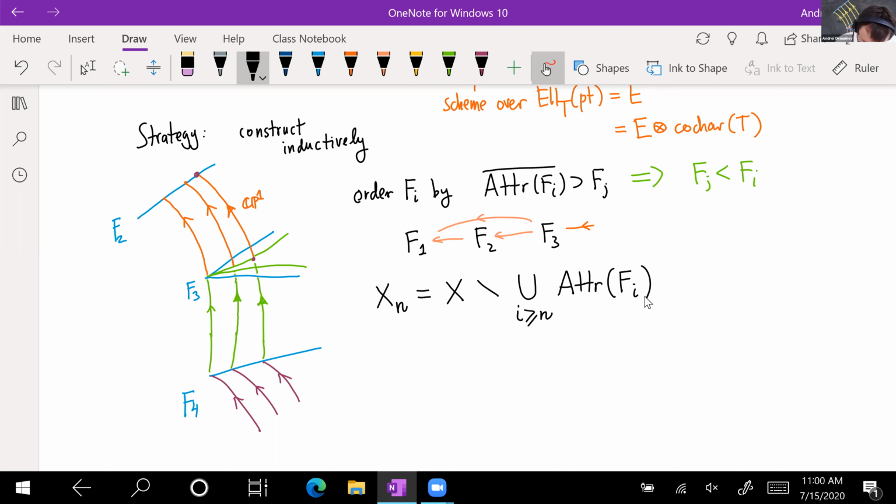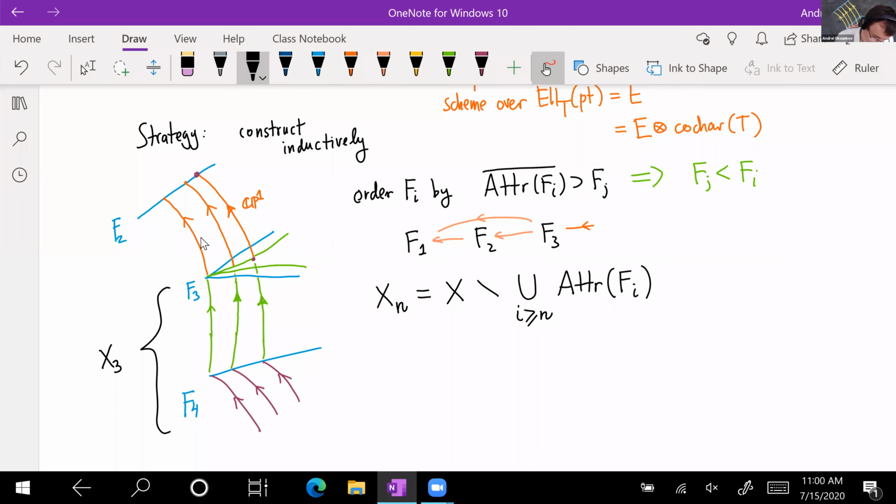This in particular means, like in the picture, for example this whole set is X3. We take something which is in F3 and attracted to that or below.